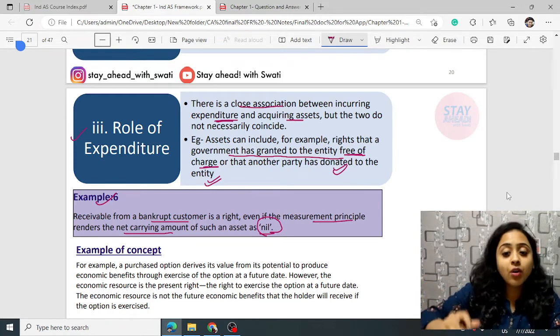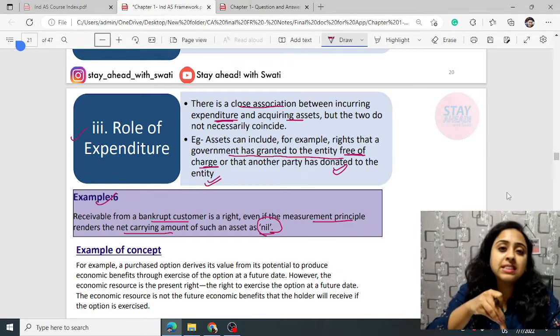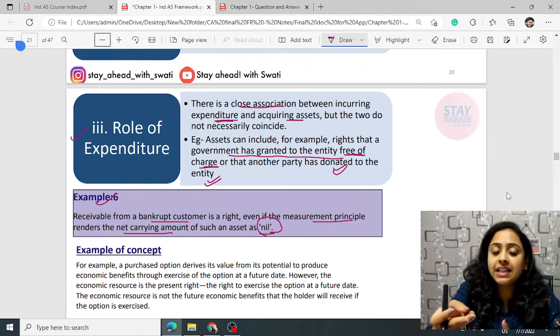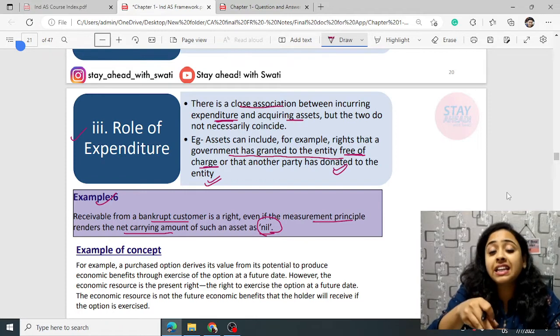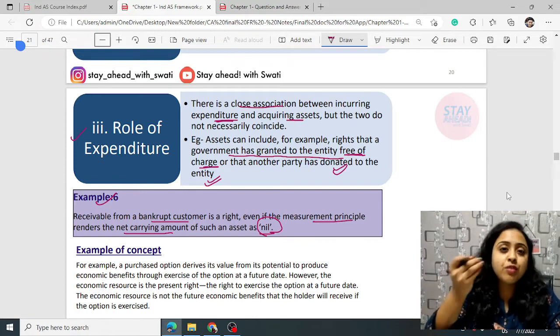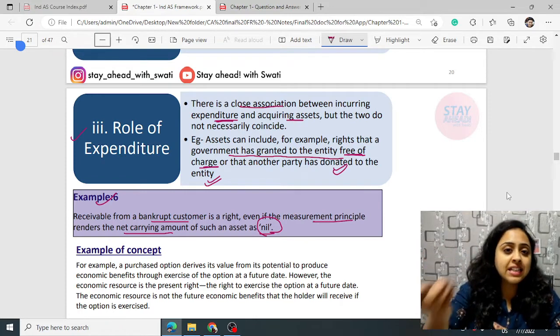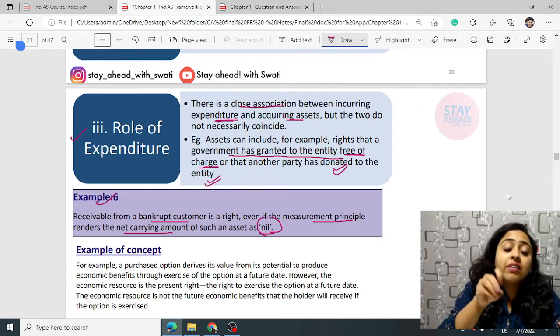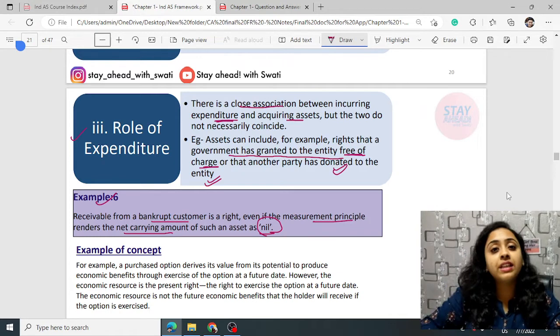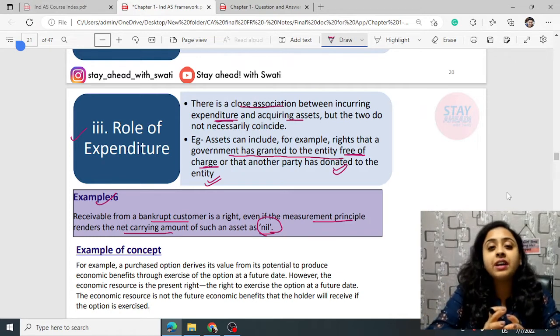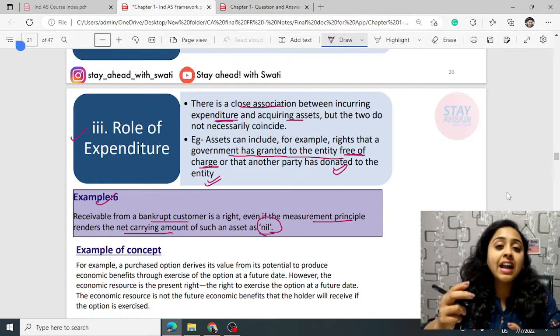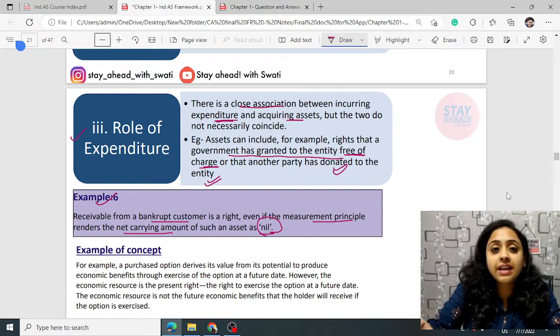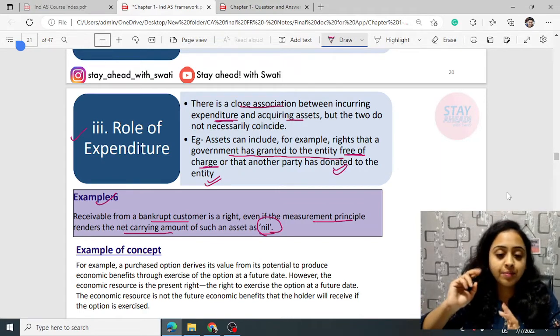If you have got something from the government without paying any cost, or you have received something from another party as a donation and have not given anything in exchange, there is still acquisition of an asset, there is a right. So they are quite related, but the timings can be different, and at times there is no cost, but acquisition of the asset is there.